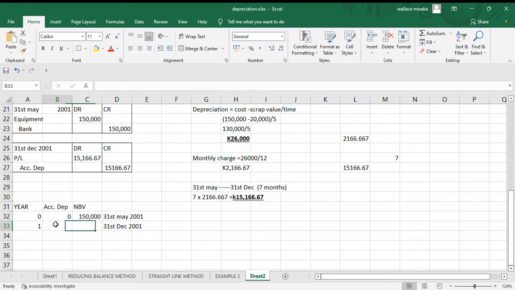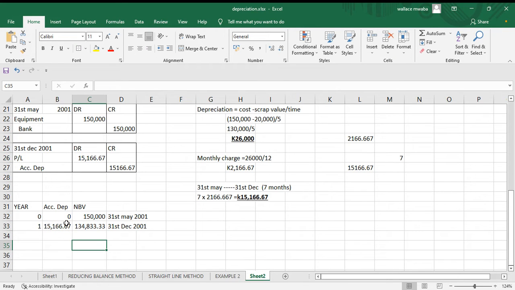So we're going to say 15,166.67. All right. So we get our net book value. We say 150,000 minus 15,166.67. We're going to get 134,833.33. Okay.